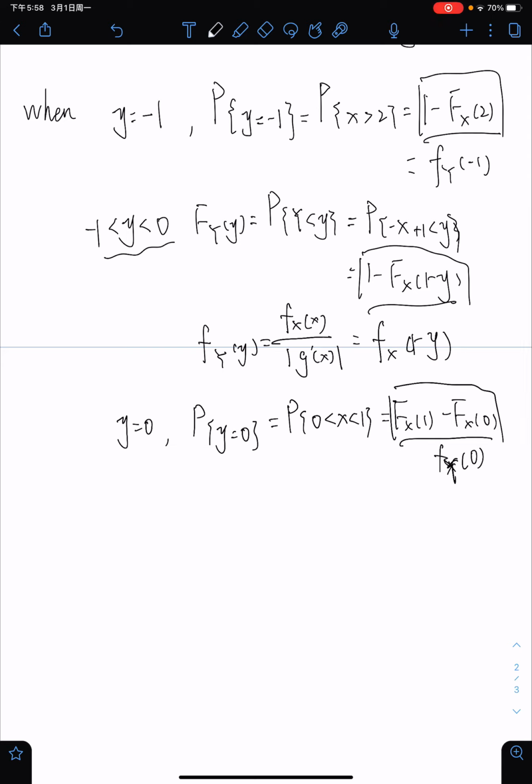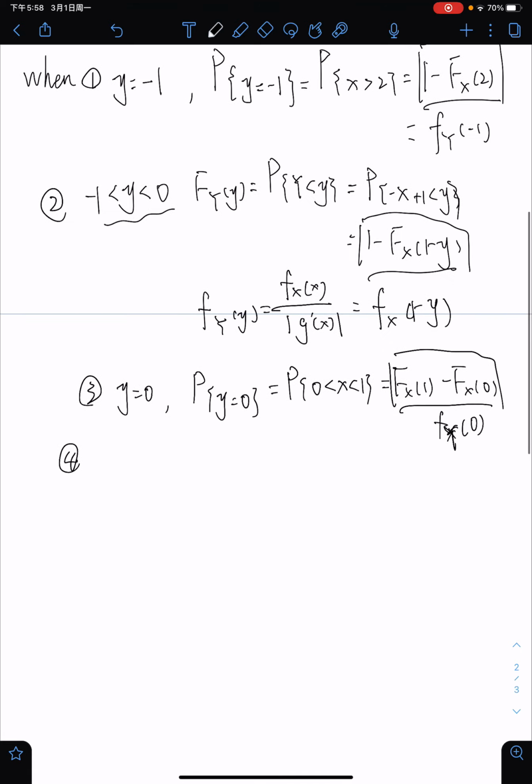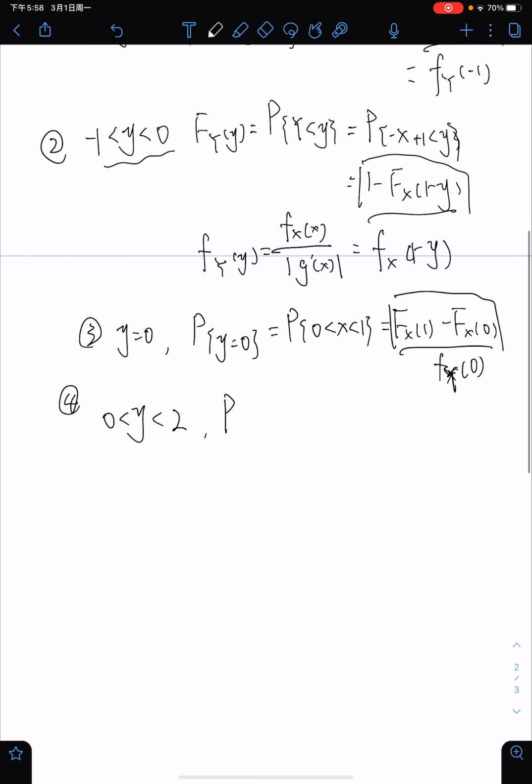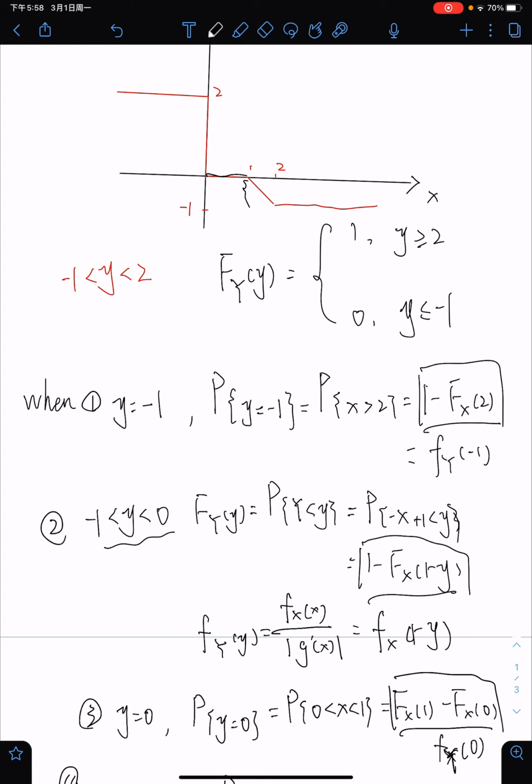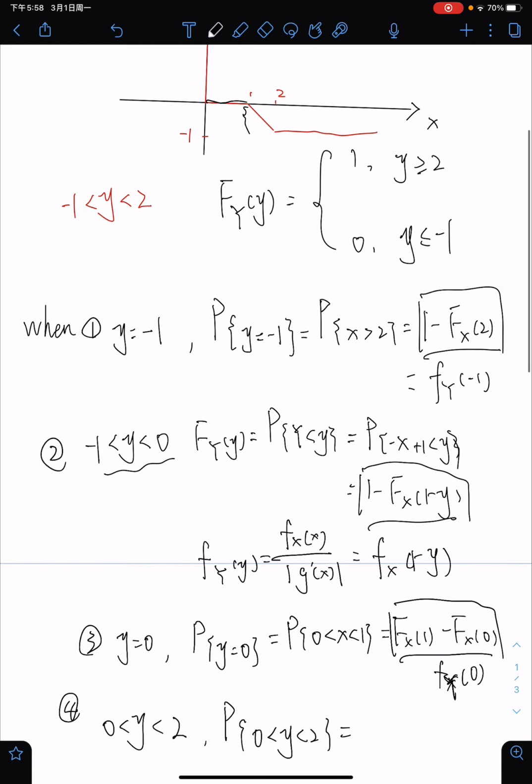Next part is y greater than 0 and less than 2. Here is probability, and from the figure we can say x equals 0.